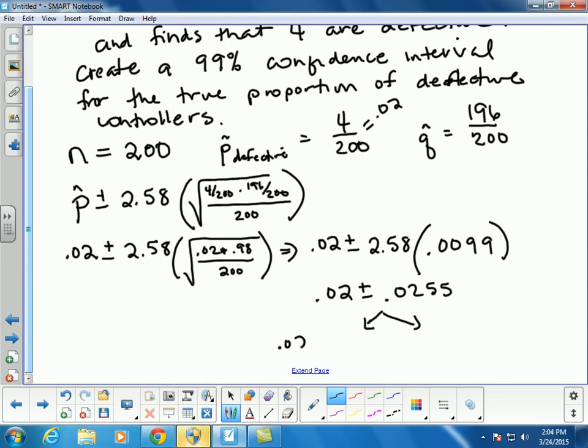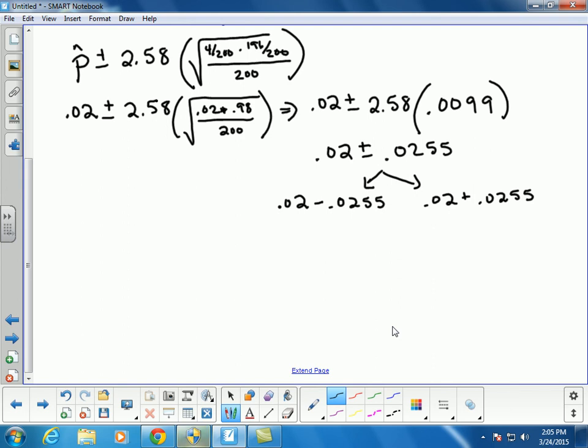So I have 0.02 minus that, and then I have 0.02 plus that. So I keep going, and notice what happens here. I actually get, gotta clear, so 0.02 minus 0.0255 equals.